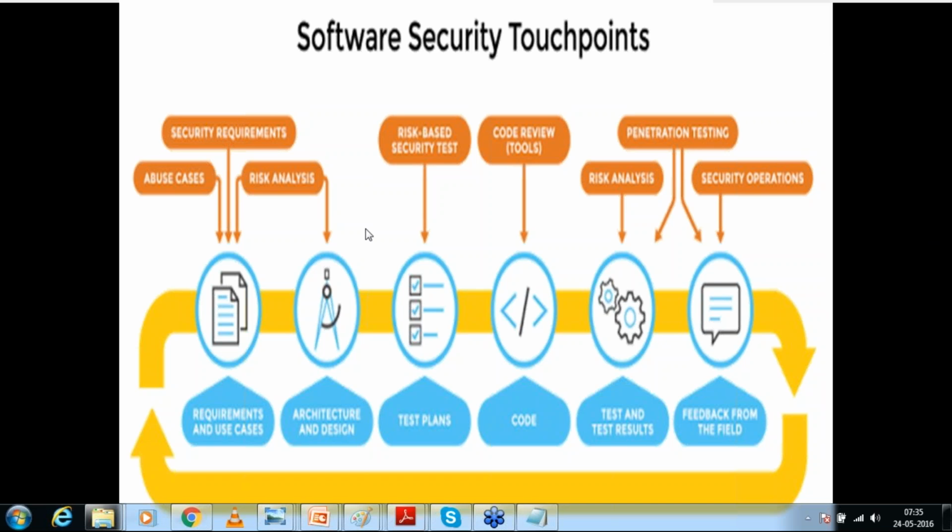But from a high-level perspective, both may look alike. But there is a lot of difference between security testing and penetration testing, and in this particular course we'll cover both of these. All right.